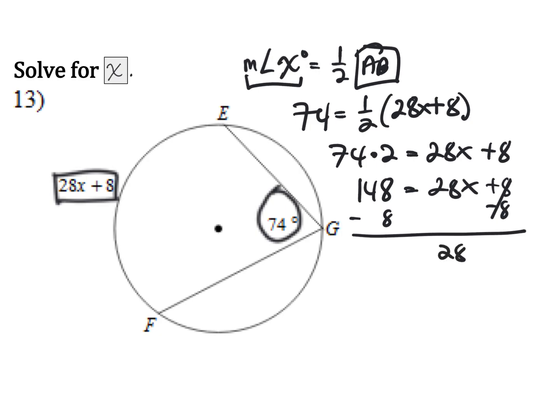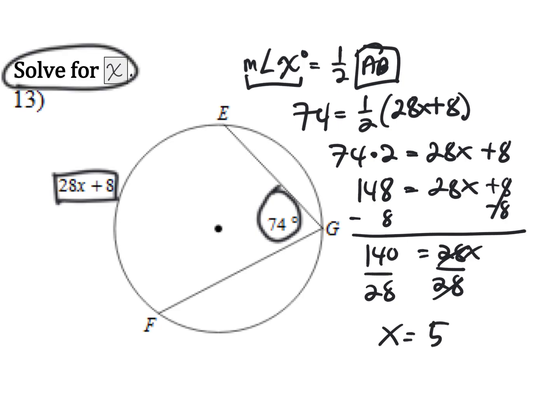This is going to give you 28x is equal to 140. Divide by 28 again. Therefore, our x is equal to 140 divided by 28. This is going to give us 5. They are just asking us for solving x. Therefore, we solved it already. So the value of x here is 5. Now, let's recheck.